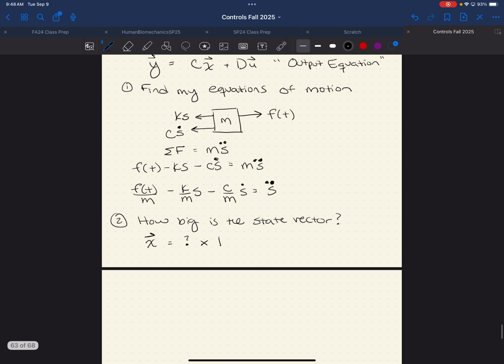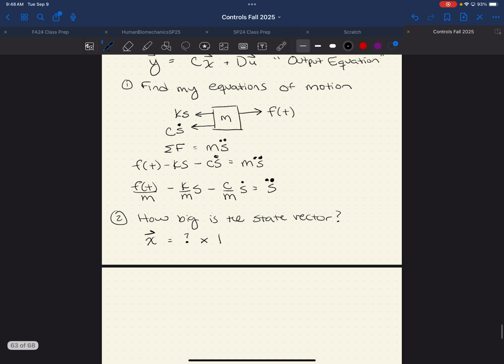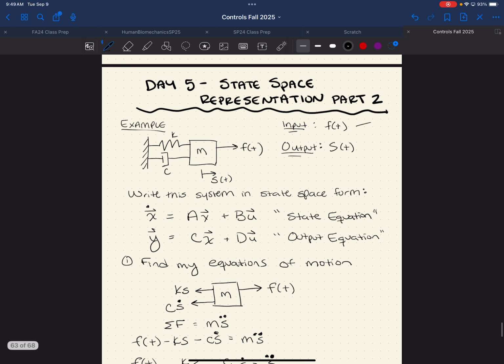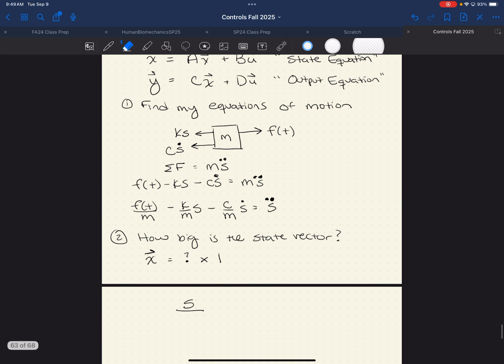Very good. Okay, so let's look at S here. So we decided that F is our input, so I'm not going to worry about F. In other problems, we didn't necessarily differentiate what was the input and what was the output. We said find all of the highest and lowest order for all time-varying variables.